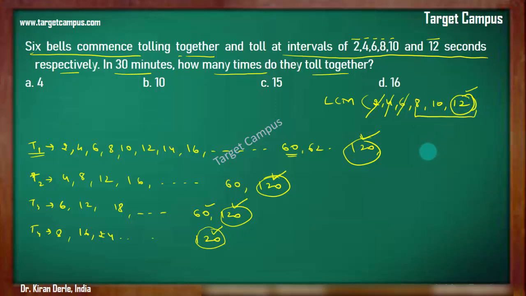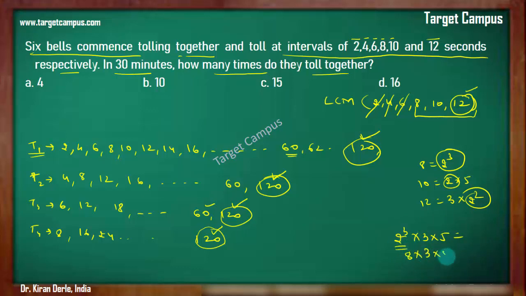So we'll consider only these three. 8 is 2 cube, 10 is 2 into 5, and 12 is 3 into 4, or 2 square into 3. So LCM is the highest power of each common factor, that is 2 cube, and the remaining. So this is 8 into 3 into 5, 8 into 5 is 40, into 3 is 120, which will be our right choice. 120 seconds will be the LCM.